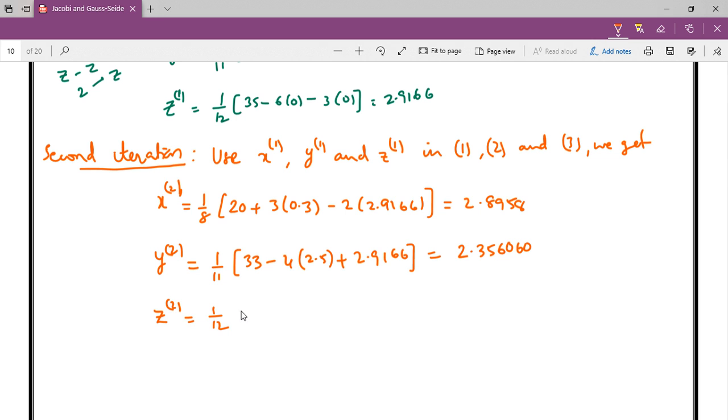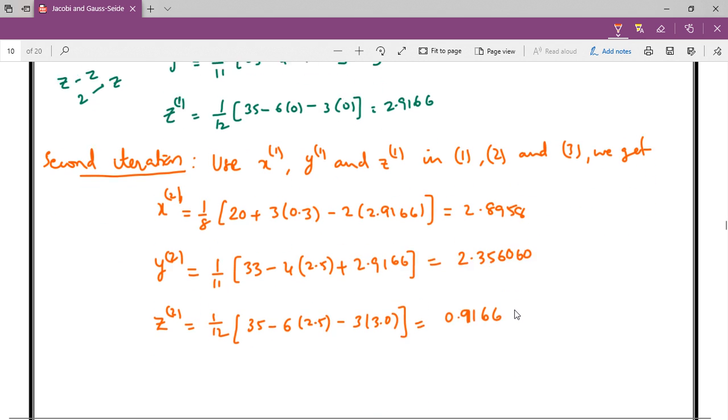So z2 is 1 by 12 into 35 minus 6 into x1, which is 2.5, minus 3 into 3.0. So this gives 0.9166.